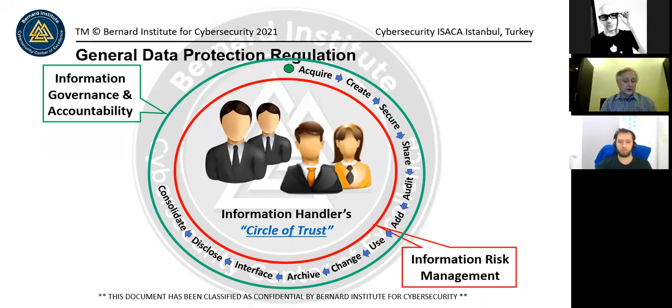Consolidating, how do we consolidate? Can we consolidate information? If we have a consent, what are we allowed to do with the consolidation? Are we allowed to migrate it from one system to another? Maybe we have consent to collect it in one particular location and we're not allowed to migrate it. Can we recycle it? Can we reuse it?